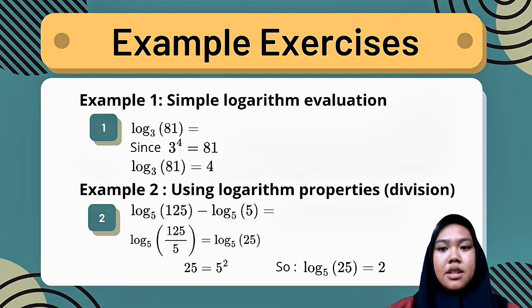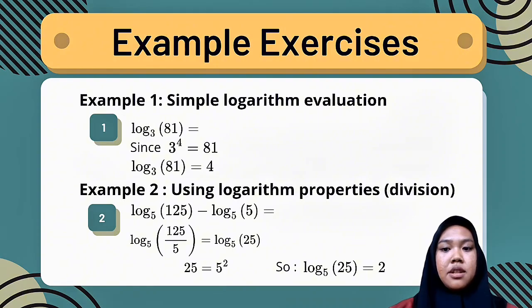Example 2: log base 5 of 125 minus log base 5 of 5. We apply the quotient rule.